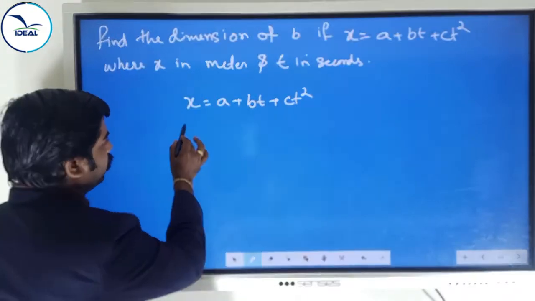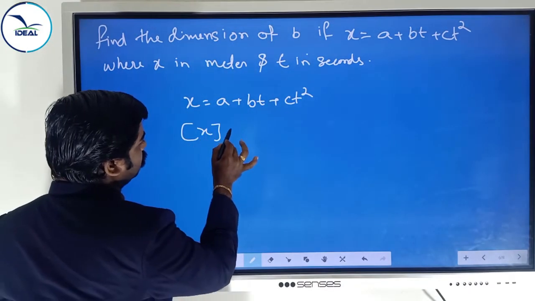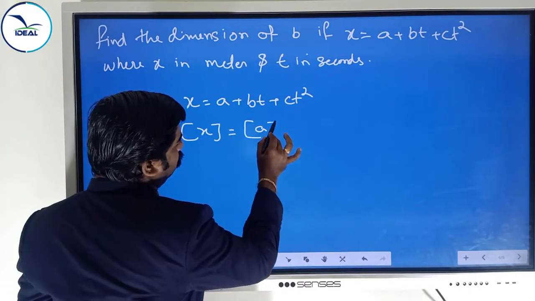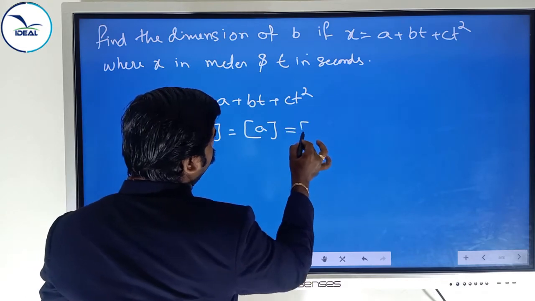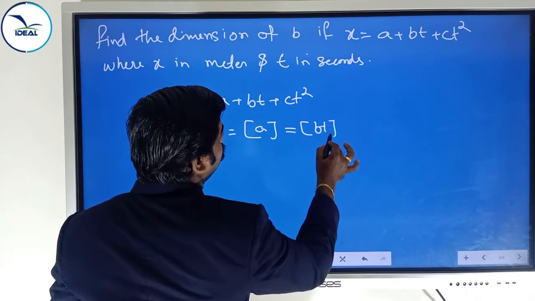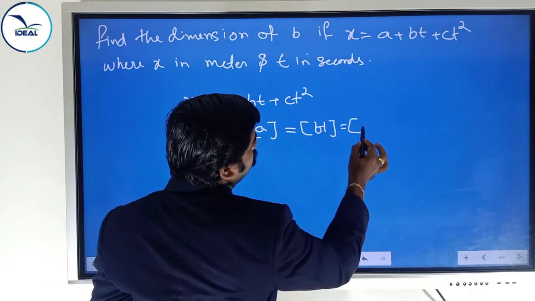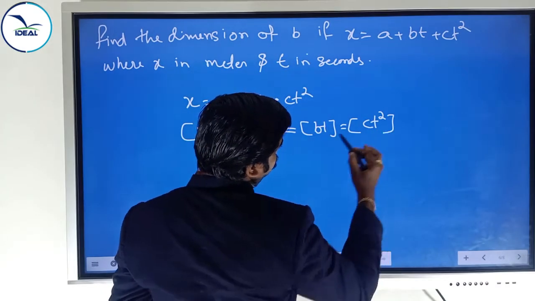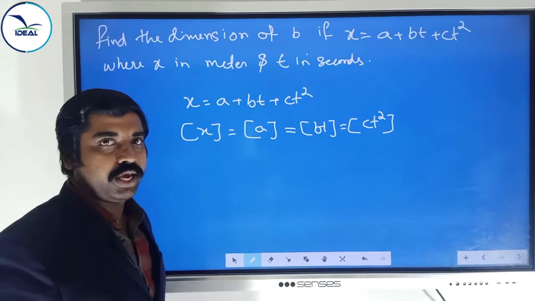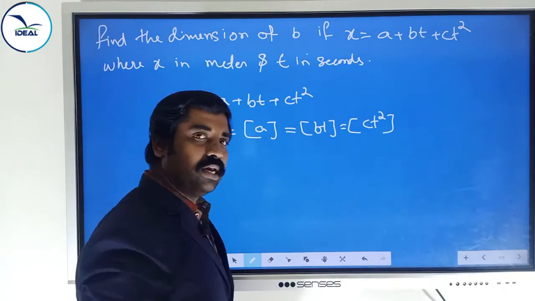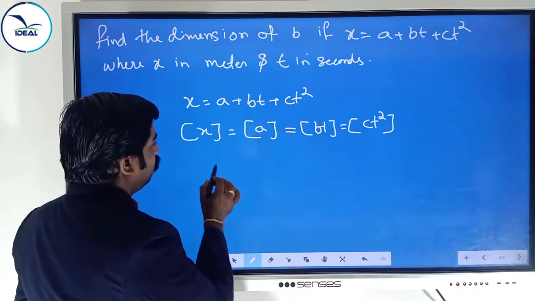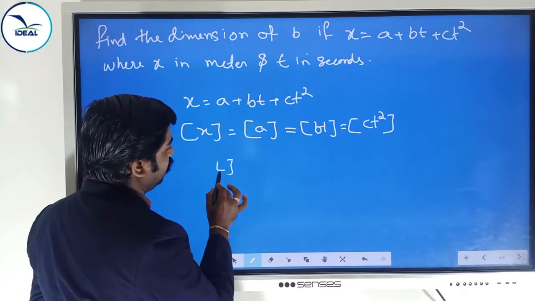By dimensional analysis, the dimension of x must be equal to the dimension of a, must be equal to the dimension of bt, must be equal to the dimension of ct square. Okay, these dimensions should be equal. So the dimension of x is L.